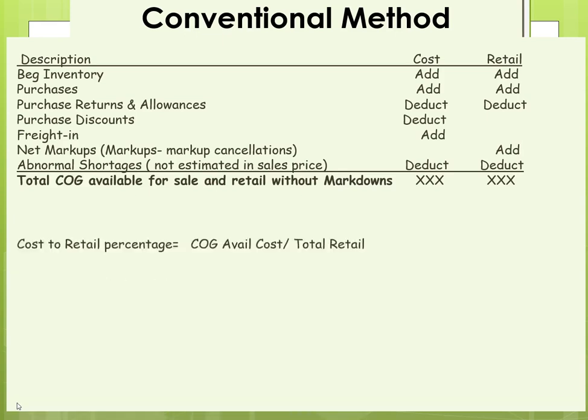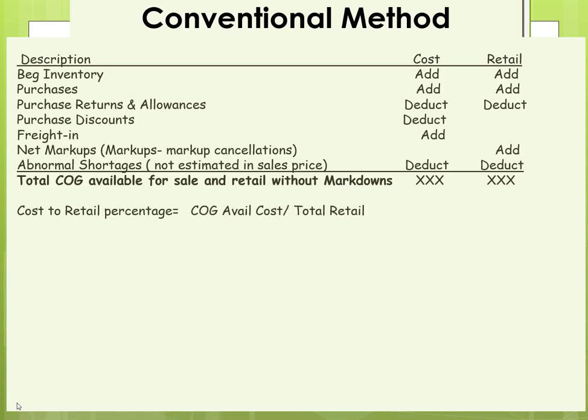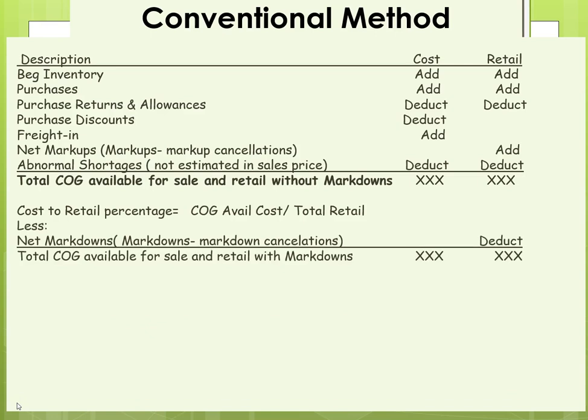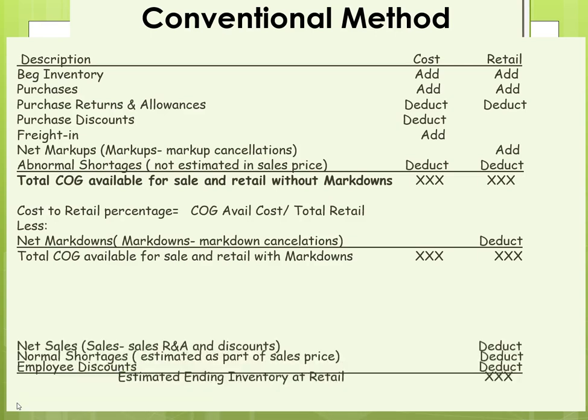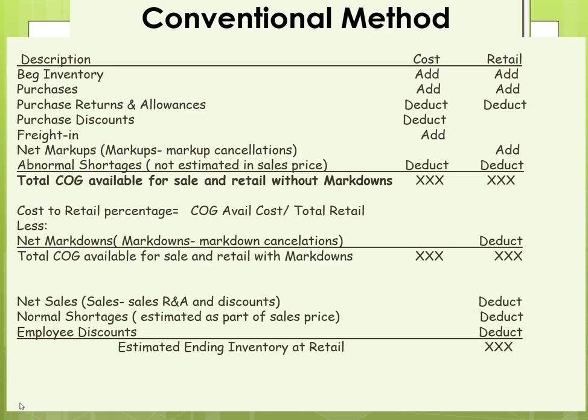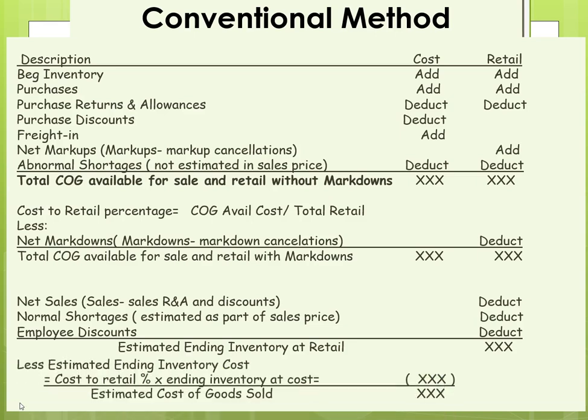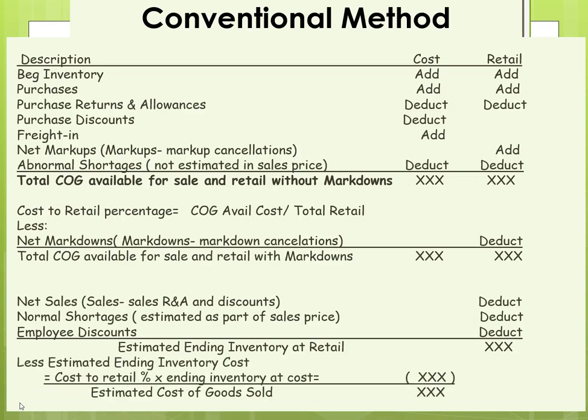Net markups, then we compute our retail percentage, then we take out our markdowns to come out with cost of goods available for sale and retail with markdowns. Then we deduct our net sales, normal shortages, and employee discounts.